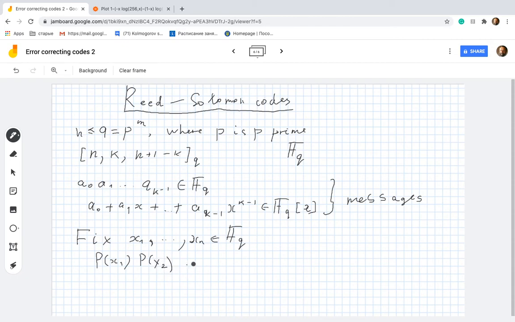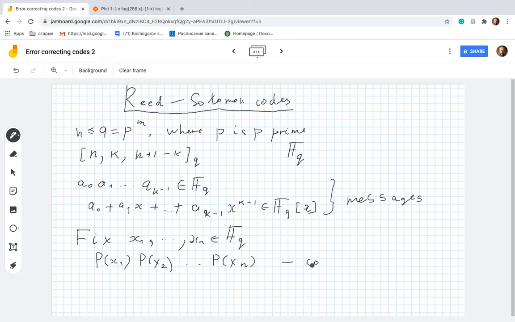So the code words are tables of the values of the degree k minus 1 polynomials in some fixed n pairwise different elements. So these are code words.